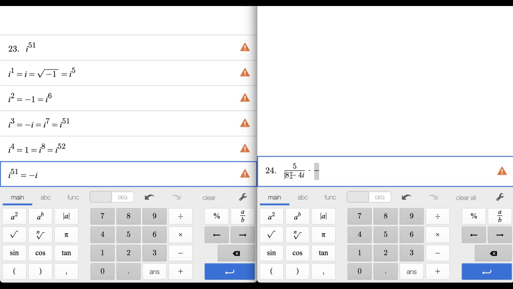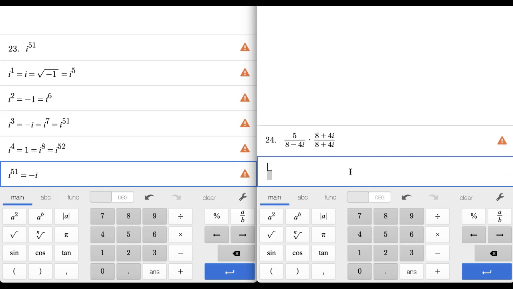The conjugate of 8 minus 4i will be 8 plus 4i. And we have to take that over itself, basically. Because if we multiply by this, that means we're multiplying the original expression by 1, which keeps the same meaning of the number. We always have to do that. But it will in turn change the way this expression looks, and it'll eventually be simplified.